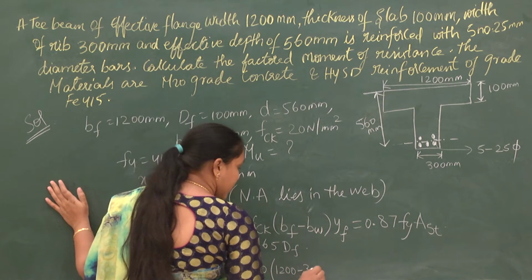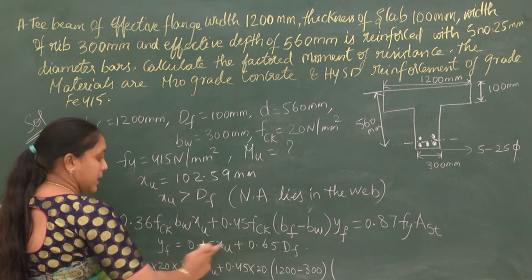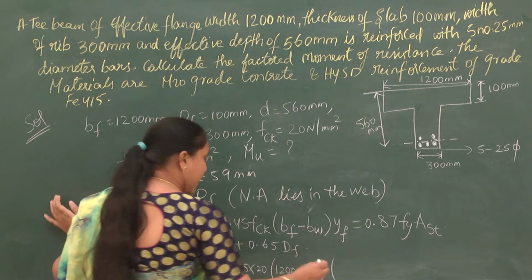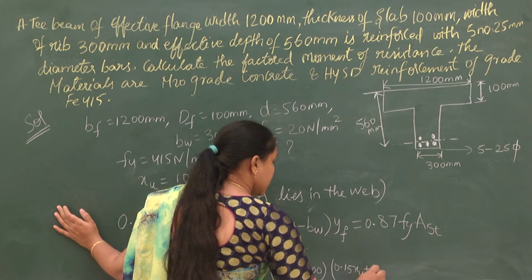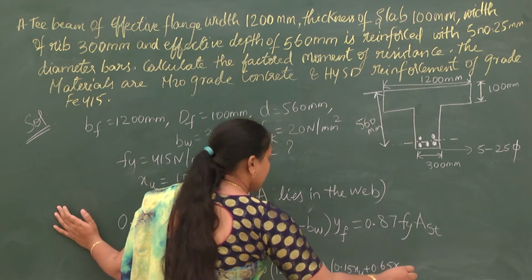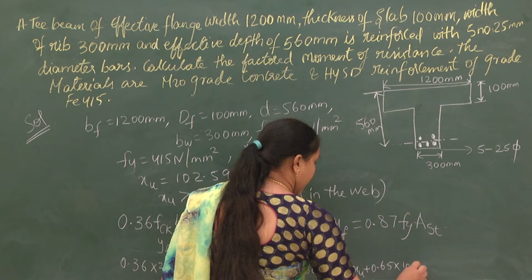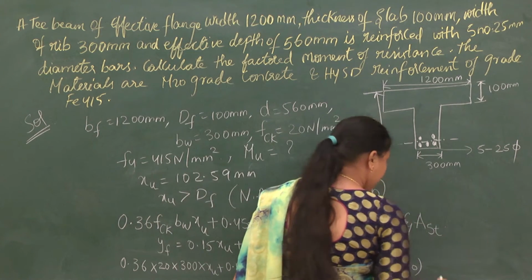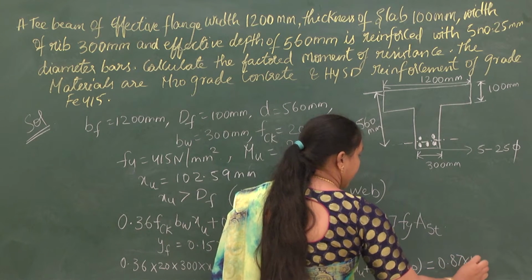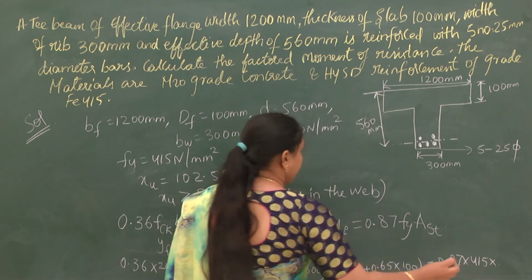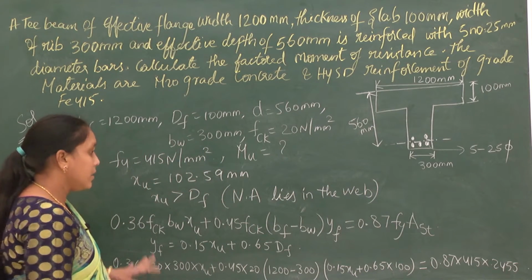It is 300, into YF. How can you calculate YF? From this equation. So it will be 0.15 into XU plus 0.65 into DF. What is DF here? DF here is 100, into 100, will be equal to 0.87 into FY, which is 415, and AST is 2455 mm square.